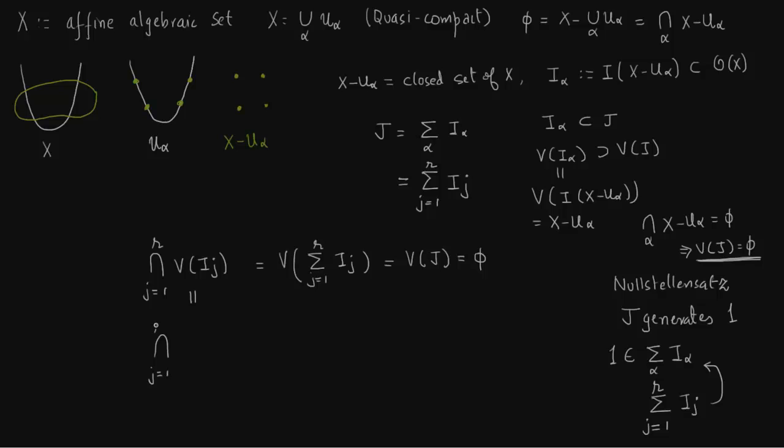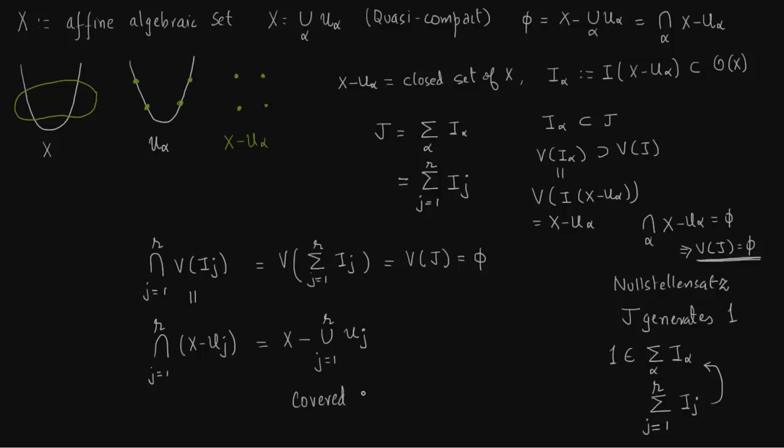So V of I becomes X minus U alpha because X minus U alpha is a closed set. We have used that before. V of I of X minus U alpha is X minus U alpha. So this will be X minus U_j, and now you apply De Morgan's law again. You get X minus the union, so this is the finite cover. Now you see X minus this finite cover is the null set, and you are done. From all the alphas, you were able to choose r elements which precisely cover X. So X is quasi-compact, and that is the end of the story.